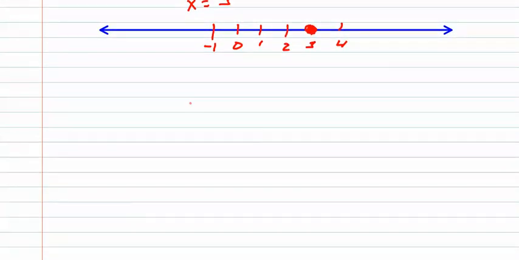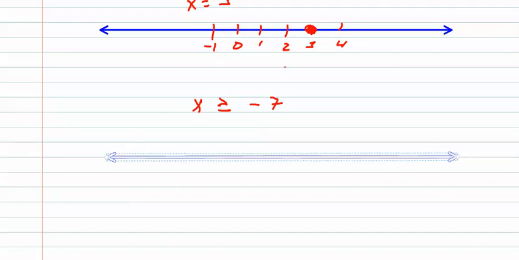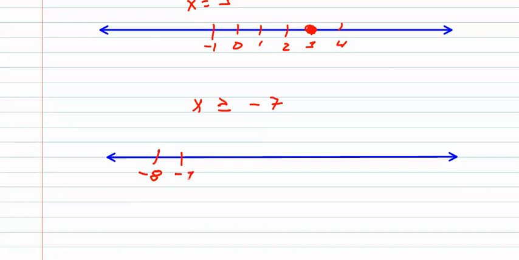Likewise, if x is greater than or equal to negative 7, we would draw our line, negative 8, negative 7, negative 6, 0, 1, and so on.